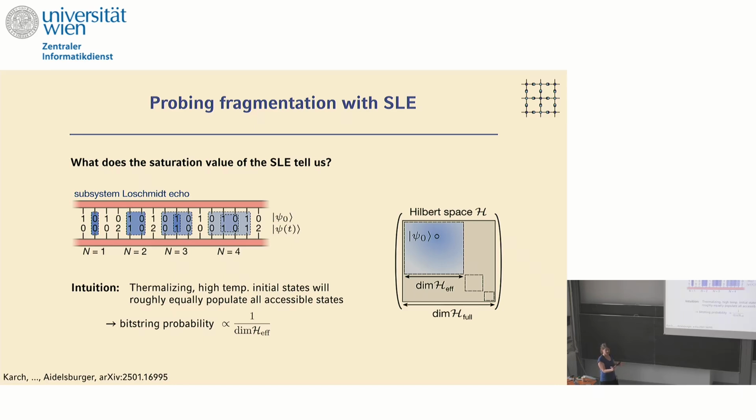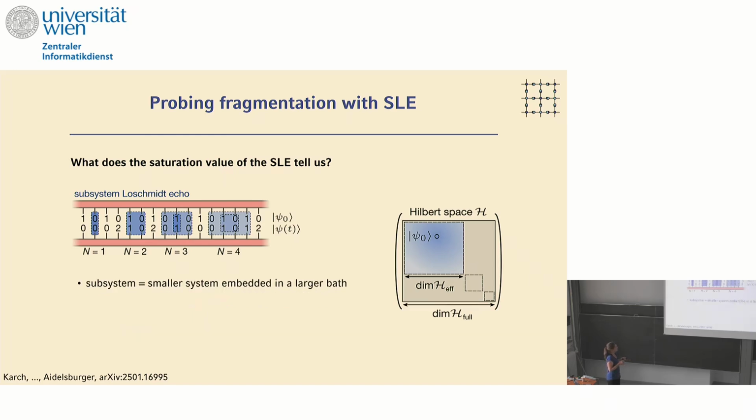And if your initial state has a high temperature or high energy density and it thermalizes, you would expect it to eventually occupy all your microstates that are available to this initial state with equal probability. So the bit string probability, which is actually what we extract, so we look at these overlaps with the initial state, should scale as 1 over the dimension of the effective Hilbert space that is accessible to the system.